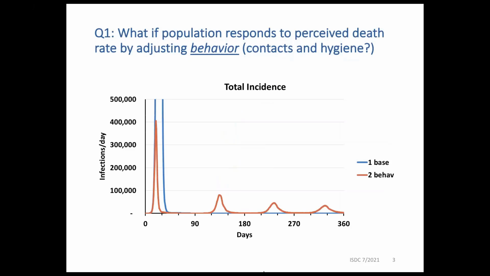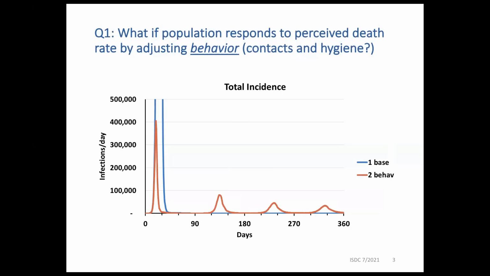Our first question asks, what would happen if the population responds to the perceived death rate by reducing personal contacts and instituting hygiene behaviors like masking? The higher the death rate rises above a set threshold, the greater the behavioral response.